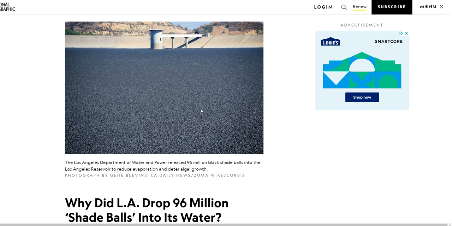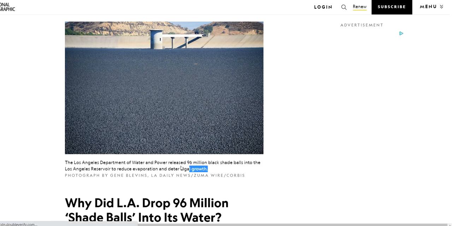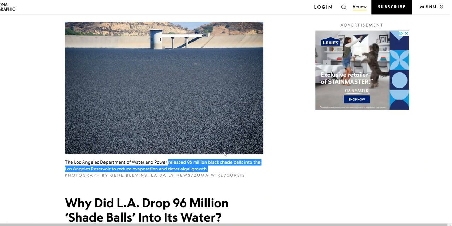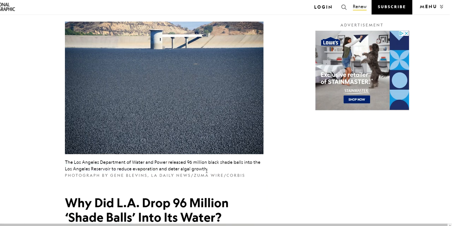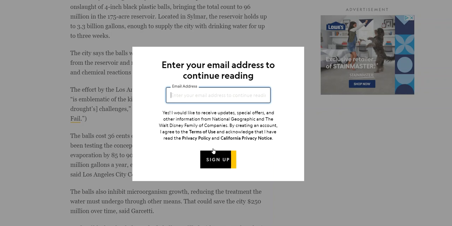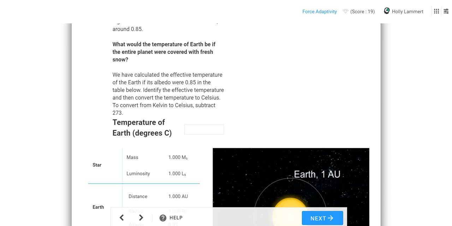Can you think of why that would be useful? So it's not just to increase the albedo, although that was probably helpful and maybe could be used on a massive scale. Although you would block algal growth here, which is what they were trying to do, and reduce evaporation. Yeah, so maybe I'll link this for you guys too, so you can read into that further if you want. Anyway, back to our lesson.